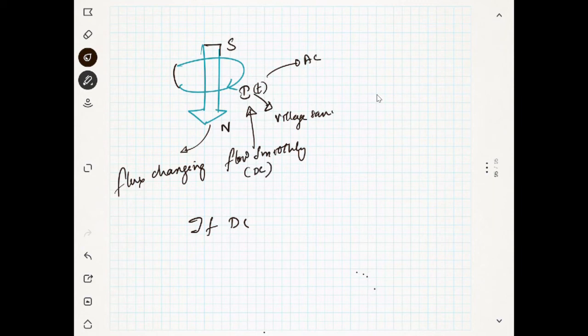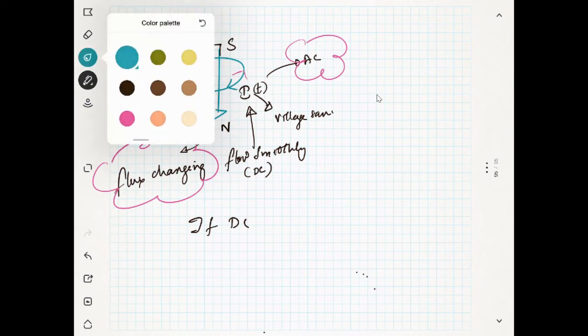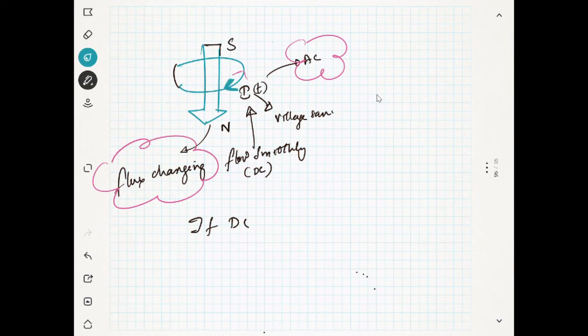But if you give an AC signal, the situation is different. The flux is changing. When the flux is changing, immediately there will be a current formed to oppose in the other direction, because this is the original direction of the current. So there will be an EMF which will make a current, something like I dash t, to oppose the original current.